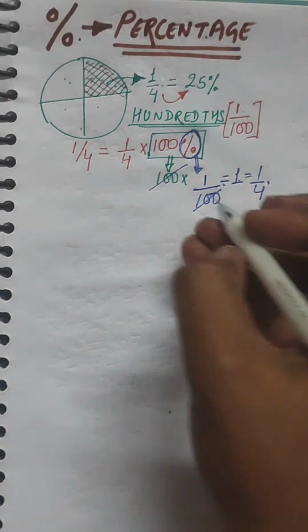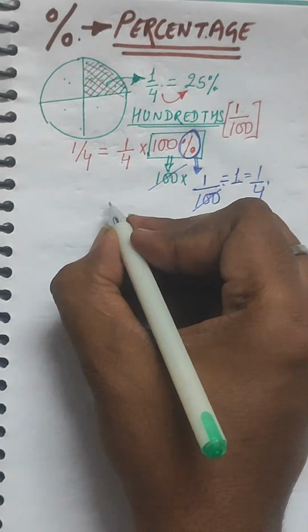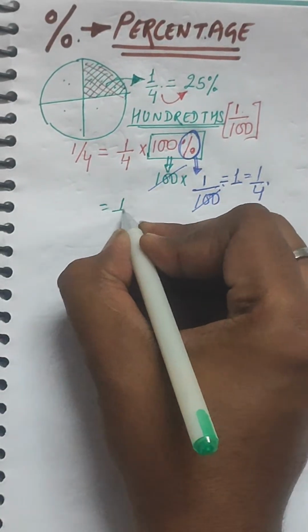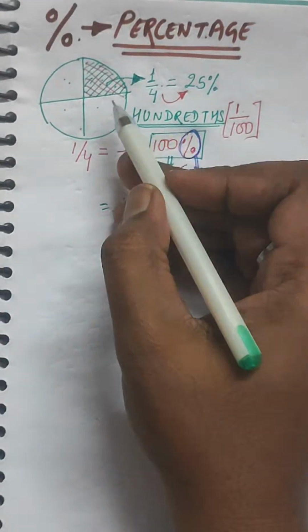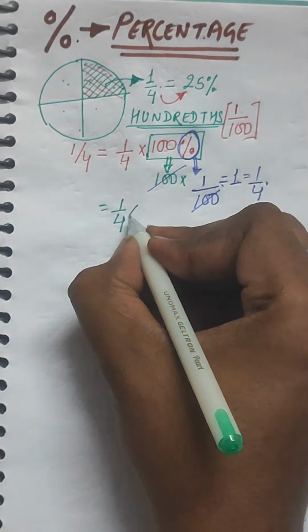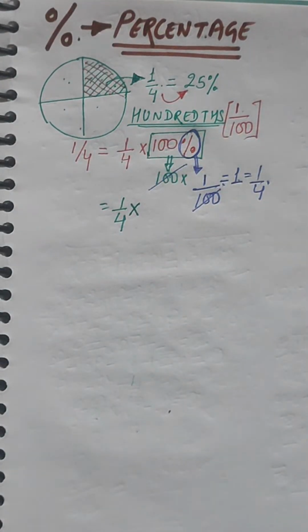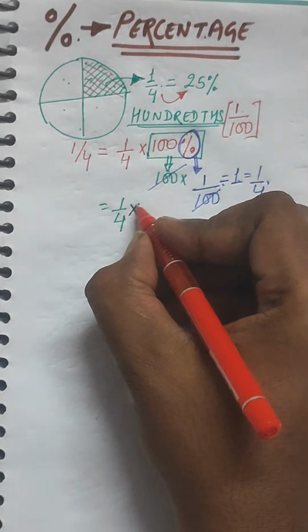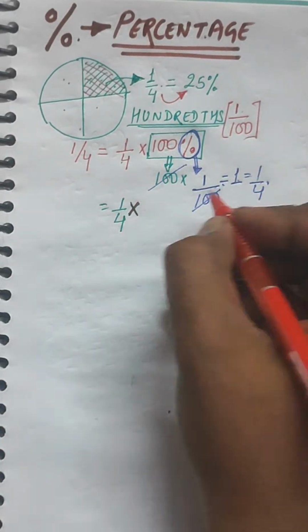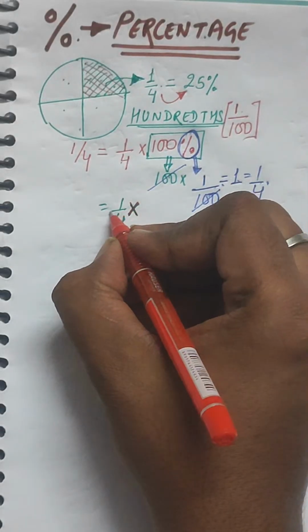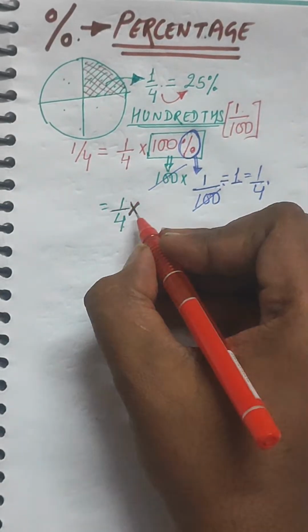Suppose a 1 by 4 portion of pizza is given to you. Definitely you want more to eat, but we should avoid junk food, though in a few moments you can enjoy it.